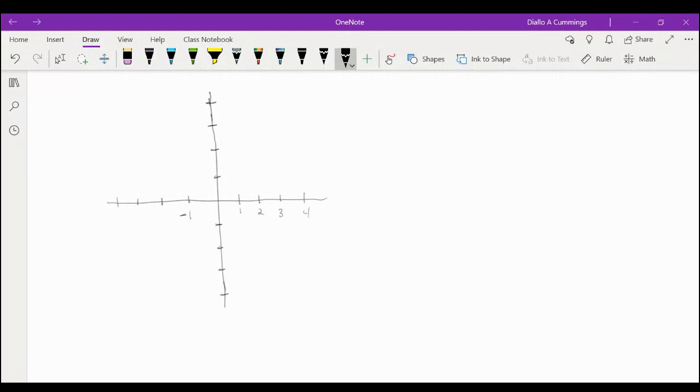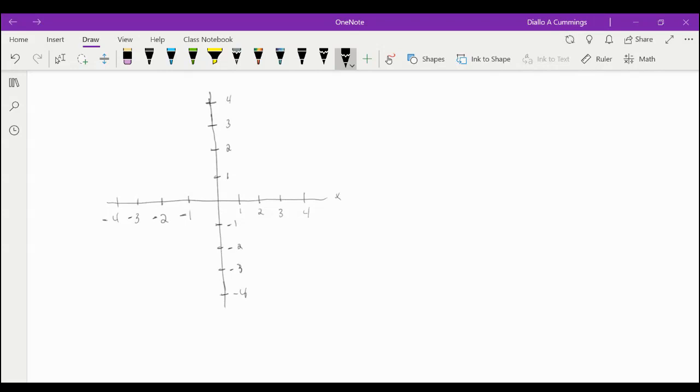Anything to the right is positive. This is the x-axis. Anything to the left is negative. And for the y-axis, anything up is positive, and anything down is negative.